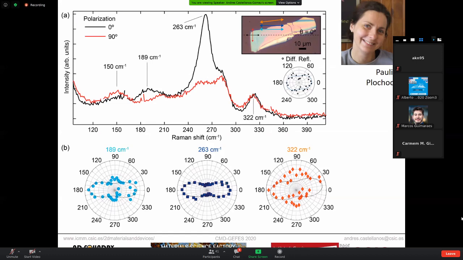From the literature, you can find these peaks attributed to some vibrations, but just because one resembles the Raman mode of galena, the lead sulfide mineral, and therefore we believe there is this vibration of the lead atoms against the sulfur atoms. But it's not clear what Raman modes they are. All hand waving arguments so far.